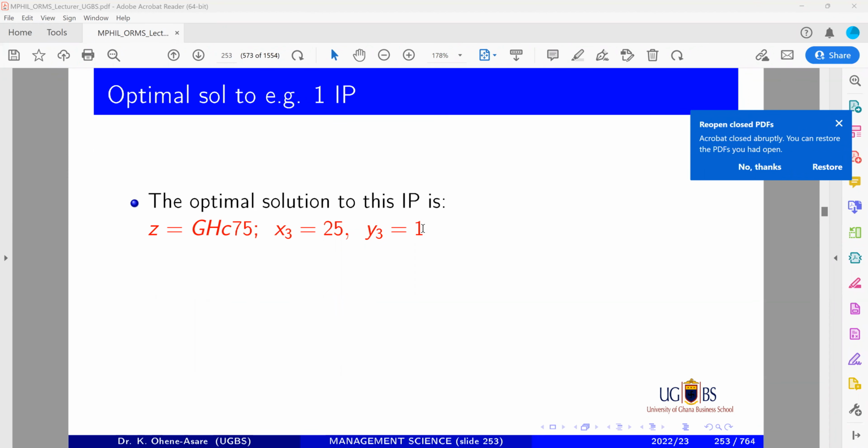If you go and check the pant machinery cost, it is 100. So Y3 is 1. Okay. So we incur a pant machinery of 100 and produce only pants. So we don't produce shirts. We don't produce shorts. We maximize our objective function value with 75. That is how we tackle this.